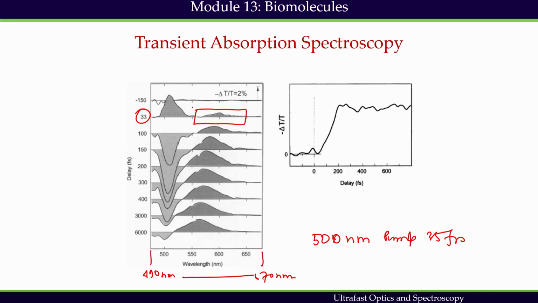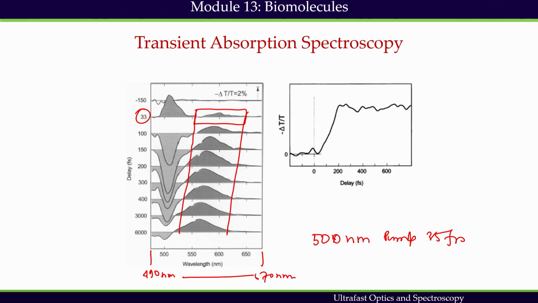The photoproduct absorbs in this range, and that's why we are interested in looking at how the change is occurring in this range only, because this is where the photoproduct will absorb, and if we keep monitoring as a function of time, we'll be able to get how quickly the photoproduct was formed.